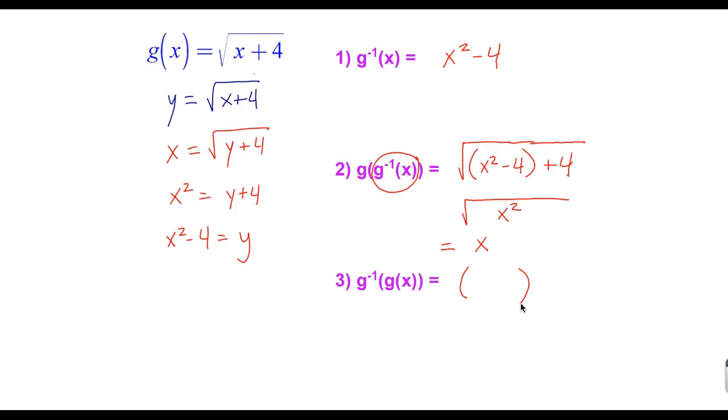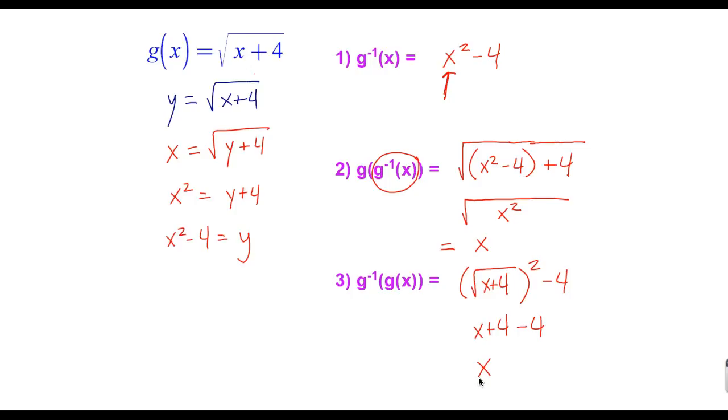So I'm going to say radical x plus 4, that's this thing here, plugging it in there, squared, and then minus 4. So I'm going to square that, and I get out of the radical, and I get x plus 4, and then I subtract 4, and when I put those together, I end up back where I started, which was x.